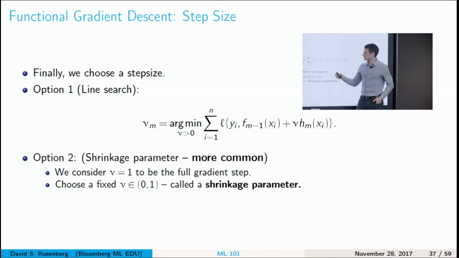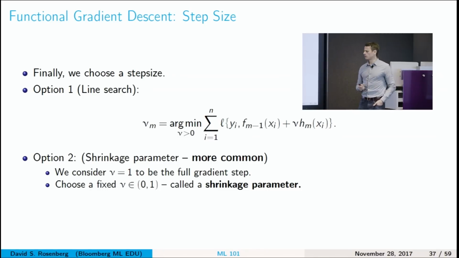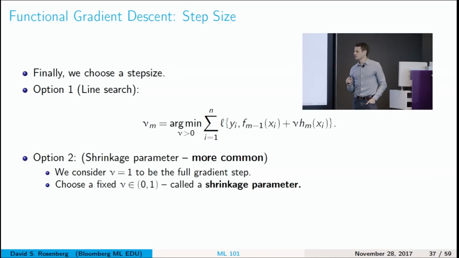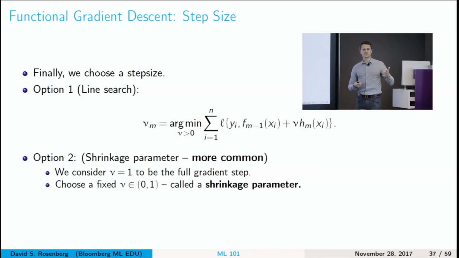If you took v to just be 1, that would be the full gradient step. But often we'll tune that step size to something like 0.1. And as we'll see in a little while, the smaller you make that, the better things tend to fit. It just takes more steps.